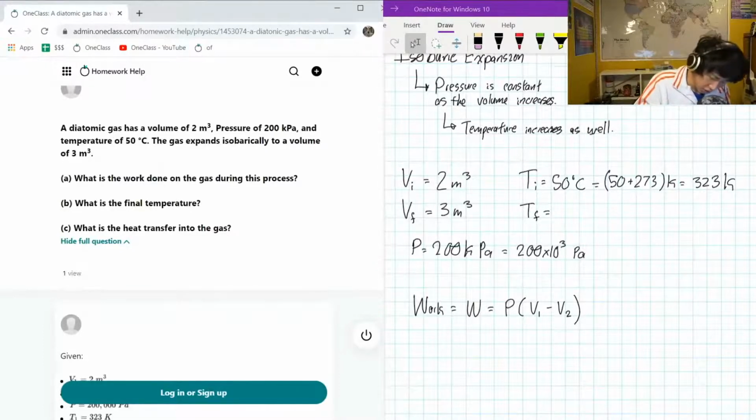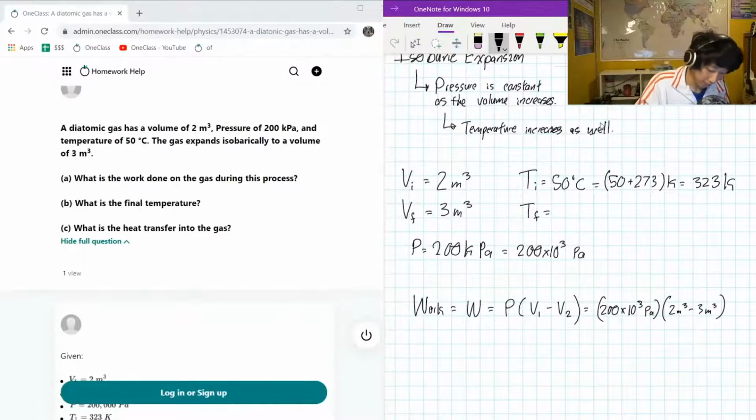Okay, so subbing in our numbers, we get 200 times 10 to the 3 pascals multiplied by 2 cubic meters minus 3 cubic meters.